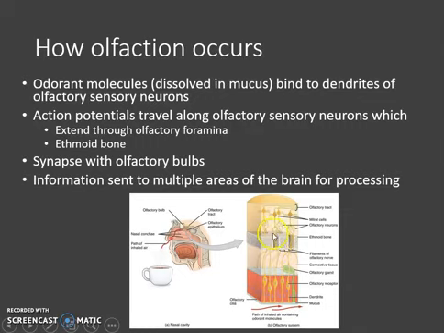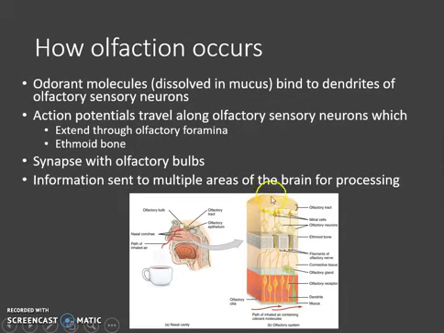So remember, these were those holes that were around the base of the crista galli in the ethmoid bone in the brain case. We learned about these when we learned about the skull, when we were learning about the skeletal system. So these neurons go through the ethmoid bone through these holes where they synapse, or form a connection, with the olfactory bulbs.